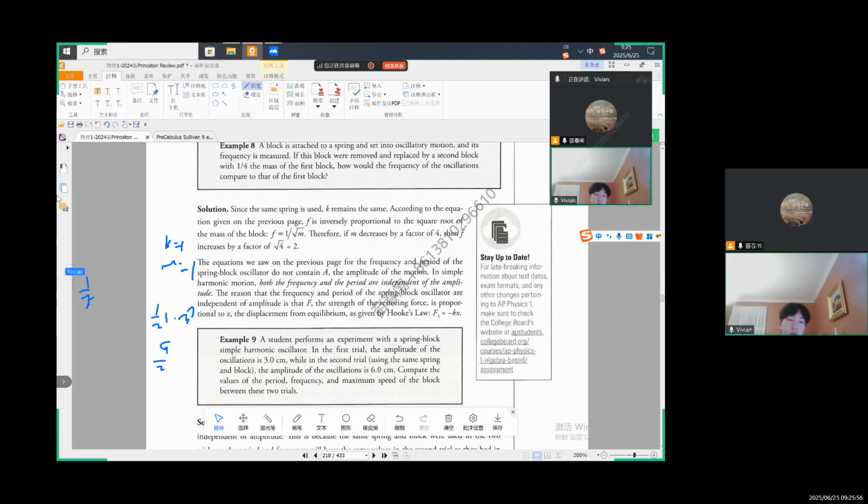1/2 pi times the square root of M over K. Wait, is it K over M for frequency?